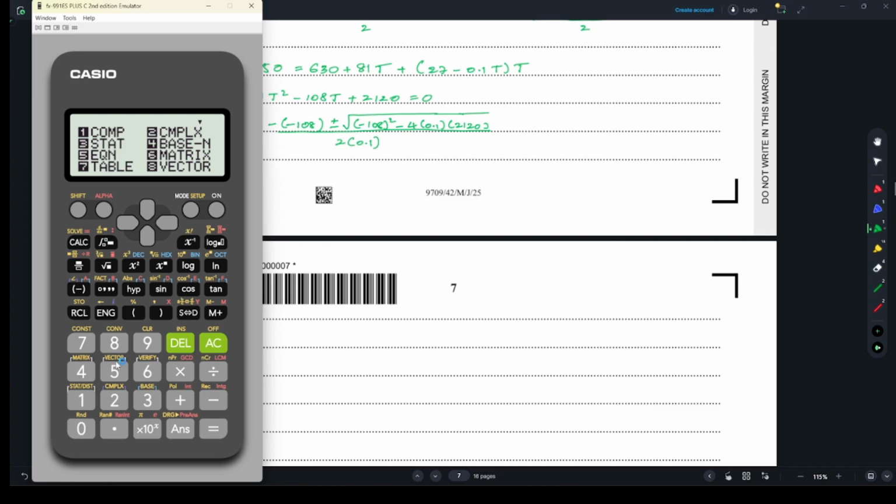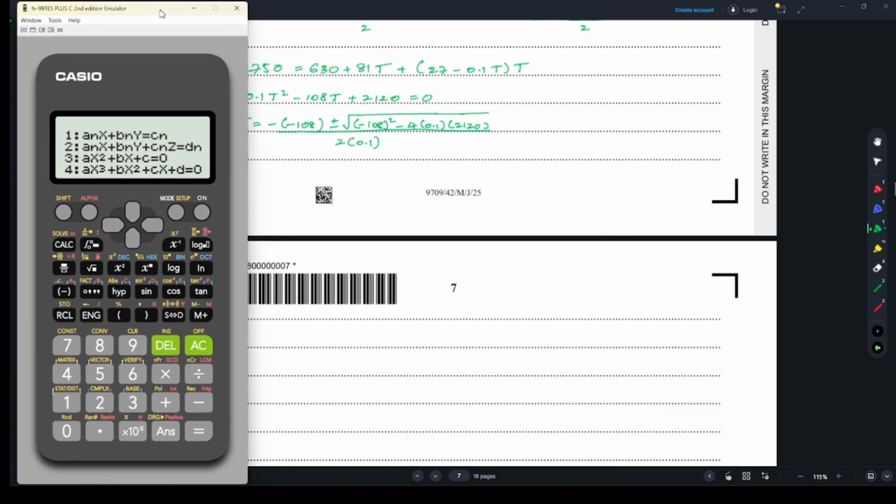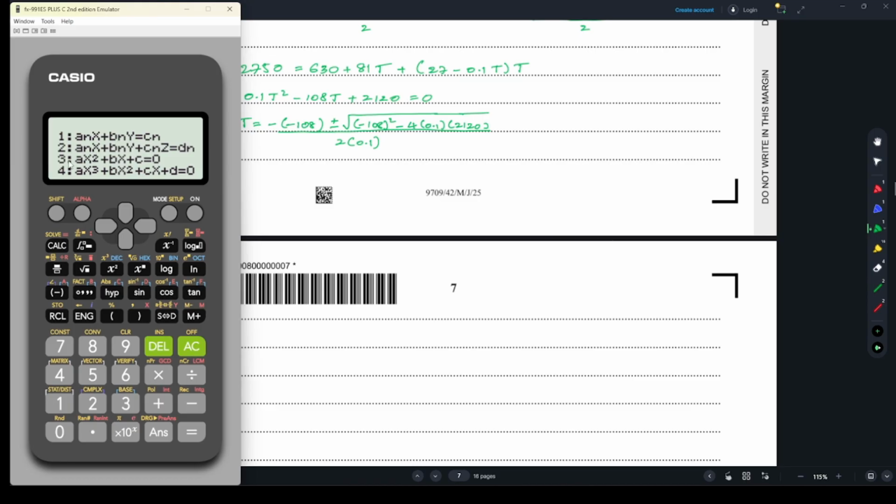Here it's number 5, but it will depend on the type of calculator. When you press 5, you can see the equations. Number 3 is the quadratic equation, so you can just press number 3.